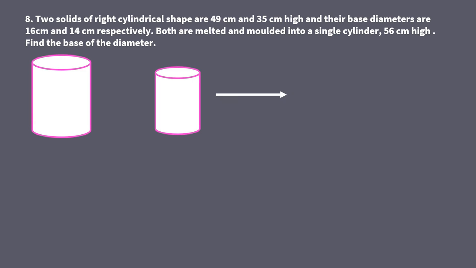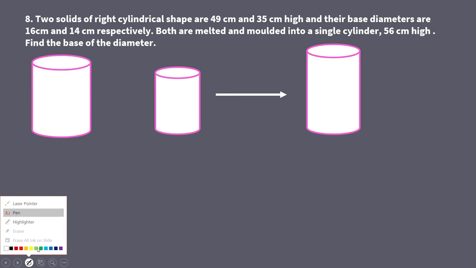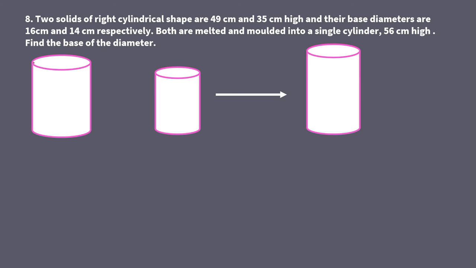and this one is second, and both of them are melted to form a new cylinder, and it is given that the diameter of the first cylinder is 16 centimeter, and the diameter of the second cylinder is 14 centimeter, and the height of the first cylinder is given to be 49 centimeter.